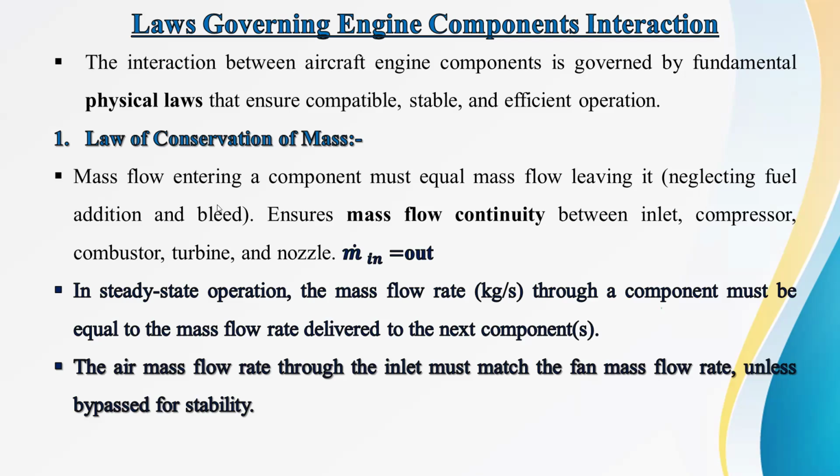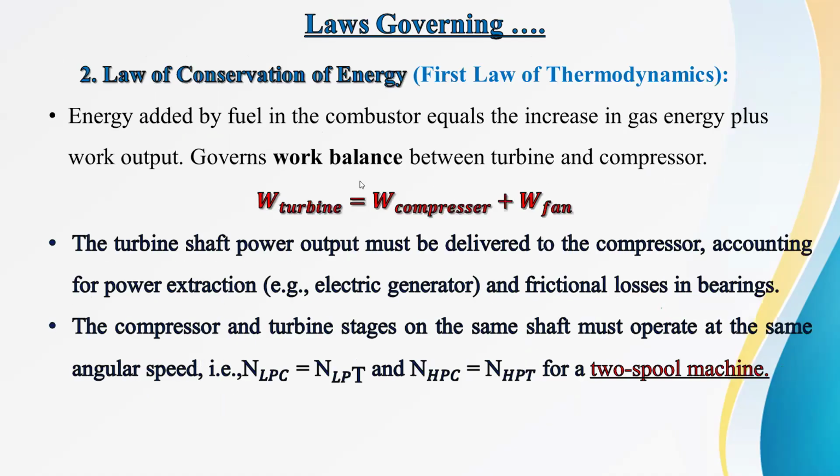In steady state operation, the mass flow rate, that is mass per second, through a component must be equal to the mass flow rate delivered to the next component. So the mass flow in each of the components must be balanced. The air mass flow rate through the inlet must match the fan mass flow rate, and the others are under the same condition. That is what is called component matching.